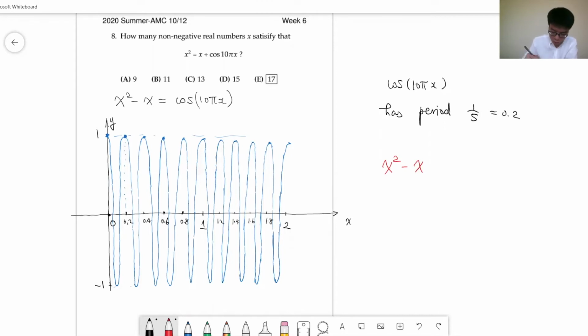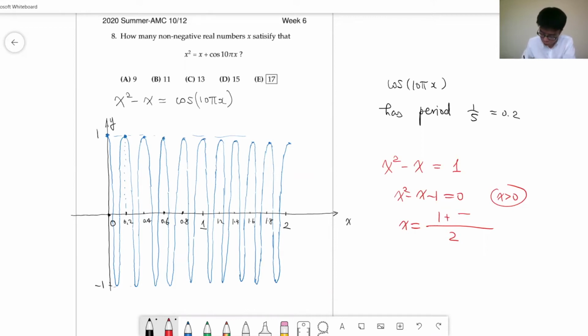So let's try to find the points such that this equals 1. You will see that this is x squared minus x minus 1 equal to 0. x equals 1 plus or minus root 5 over 2. We only consider positive x because we look for non-negative intersections.